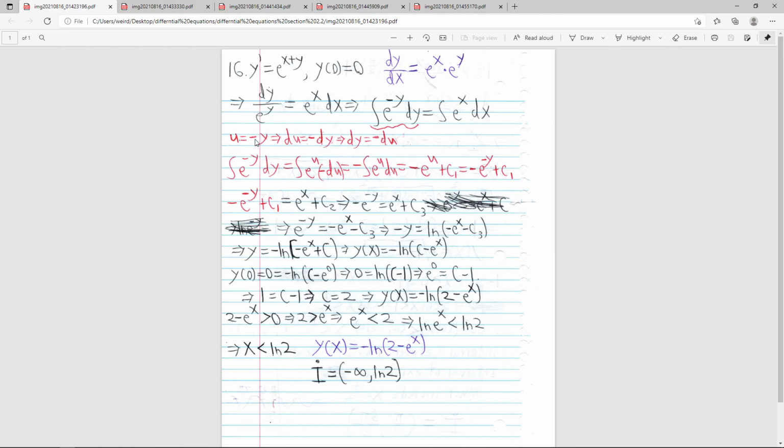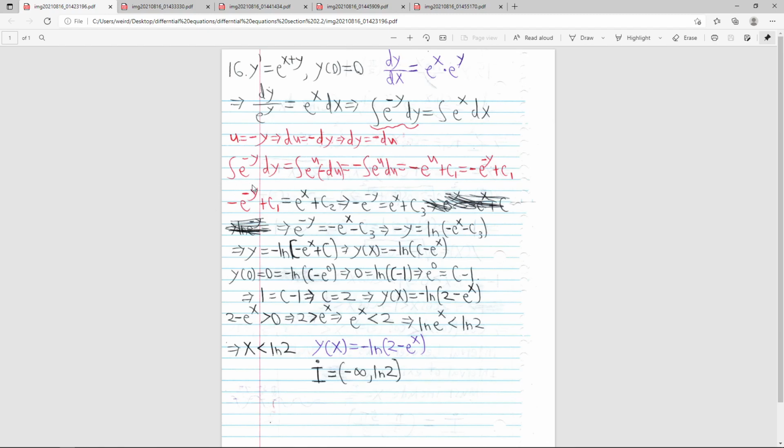You basically do u substitution. u equals negative y, so du equals negative dy, because the derivative of negative y is negative 1 dy. So you have dy equals negative du.